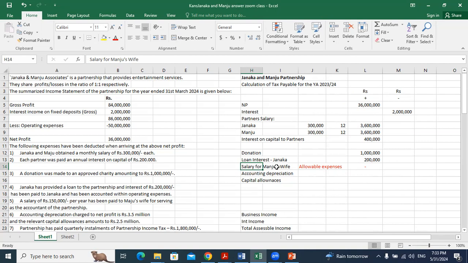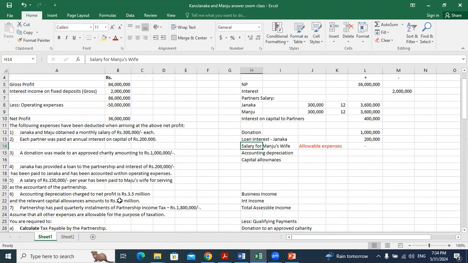Next one is accounting depreciation. Accounting depreciation charged to net profit is 3.5 million. It has to be reversed back. 3.5 million.